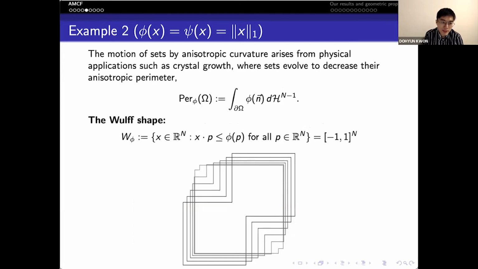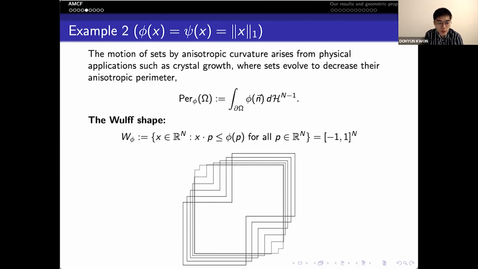And what happens if phi and psi are not the absolute value function, but for instance the L1 norm? In this case, as I mentioned earlier, this motion of sets is basically the gradient flow of the following perimeter functional. Perimeter sub phi is the integral over the boundary of omega of phi of the normal n, dH n minus 1.